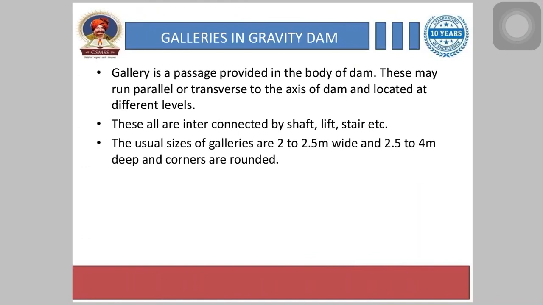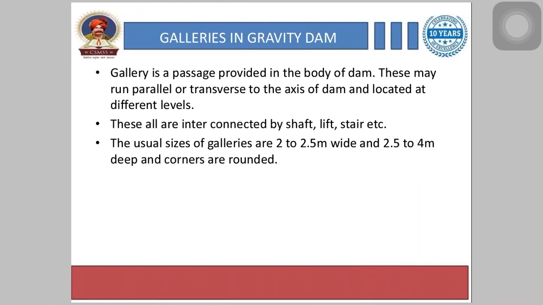They are provided at different levels, and all these galleries are interconnected with the help of shafts, or lift, stairs, etc. And the corners of these galleries are rounded or chamfered.